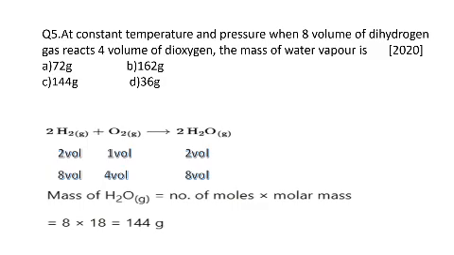Then for calculating the mass of water vapor, we have the formula: mass of water is equal to number of moles into molar mass. Number of moles we got is 8, and molar mass is calculated as the molecular weight of oxygen plus the molecular weight of hydrogen. It is 16 plus 2, which becomes 18. If we multiply it, we get 144 grams. Then option C is correct.